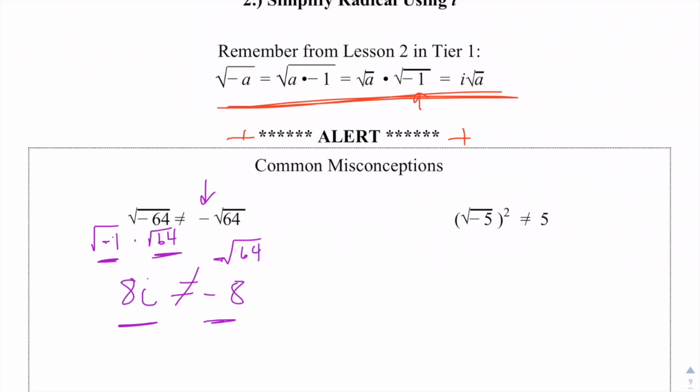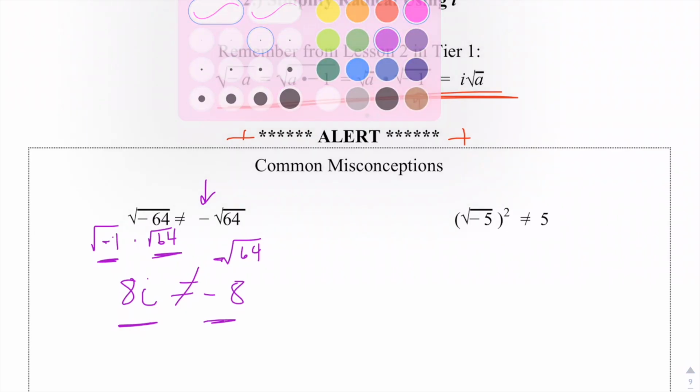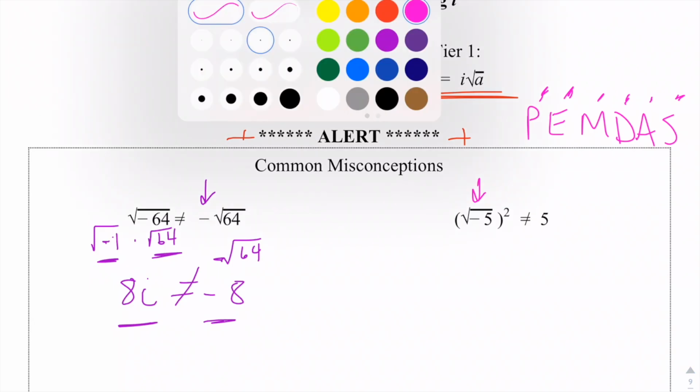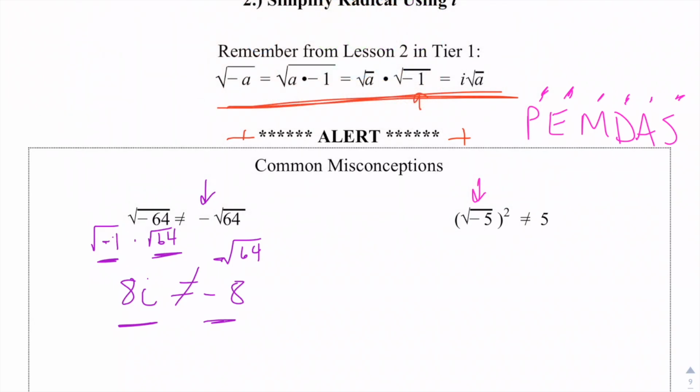and 8i and -8 do not equal each other, so these are not equivalent. And then the other thing you want to remember, your PEMDAS rules. So you do parentheses first, then exponents, then multiplication, division, addition, and subtraction. So we do what's inside first. To do this problem, we would break this apart inside first. So we would have the square root of -1 times the square root of 5, and then square.